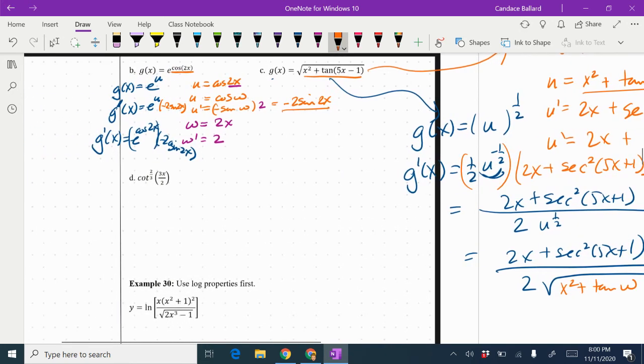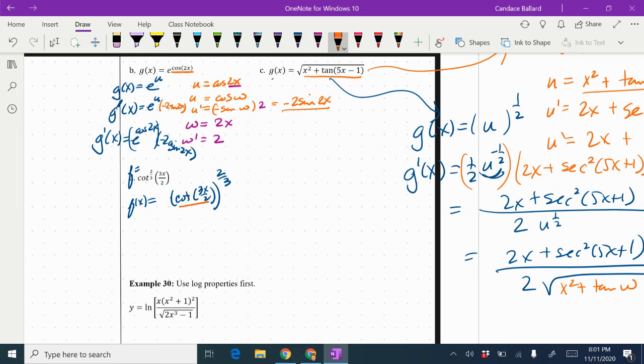All right, we're going to do one more here. Again, I'm going to rewrite this one before I try to do it. So, I don't know why it doesn't say f of x, g of x. Let's call it f of x equals. So f of x equals the cotangent of 3x over 2 to the 2/3 power.